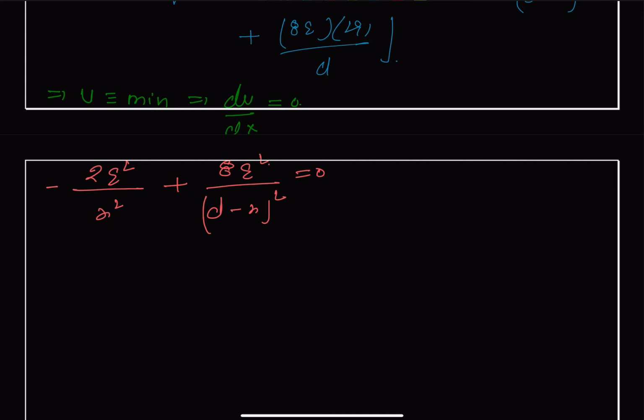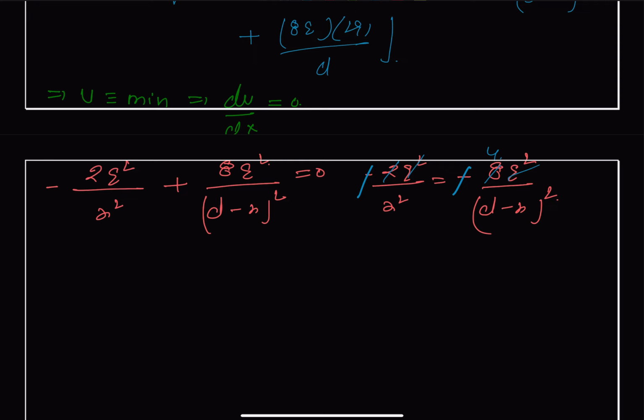Therefore we get from here that 2Q square upon x square is equal to 8Q square upon D minus x whole square. The minus and minus go away, and this goes by 4. Q square, we can also take as common, which cannot be equal to 0.